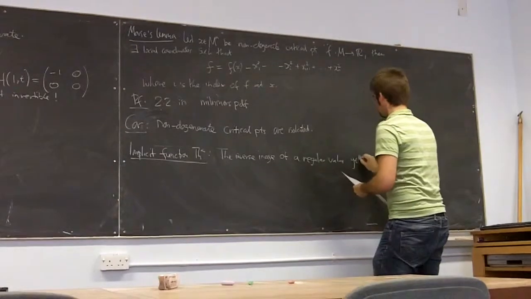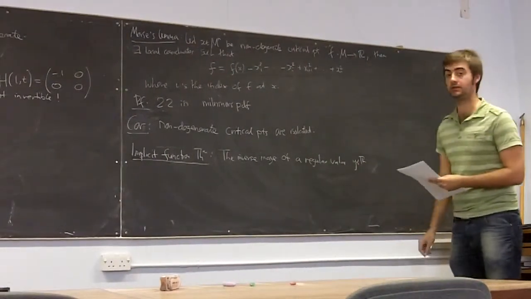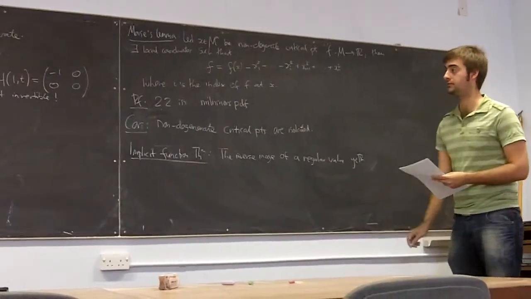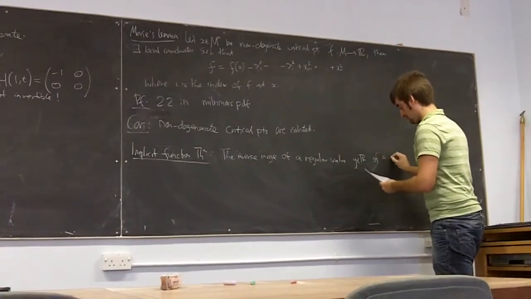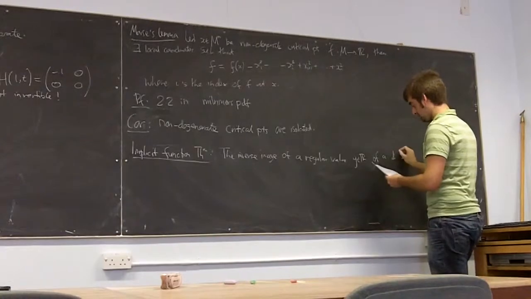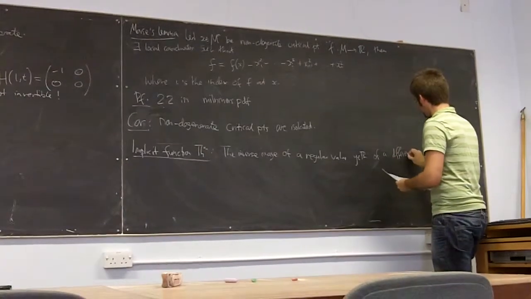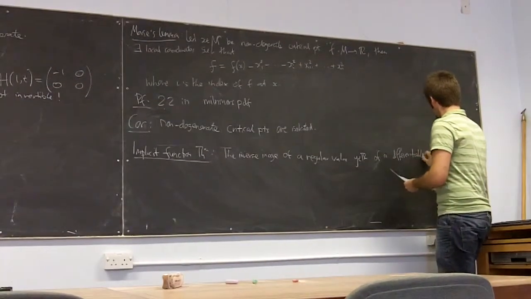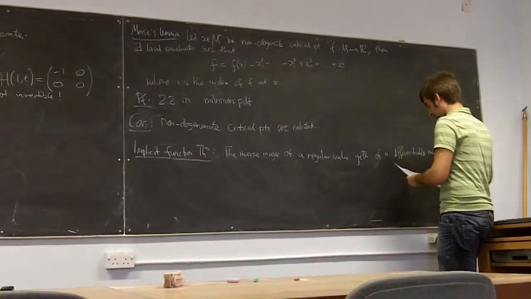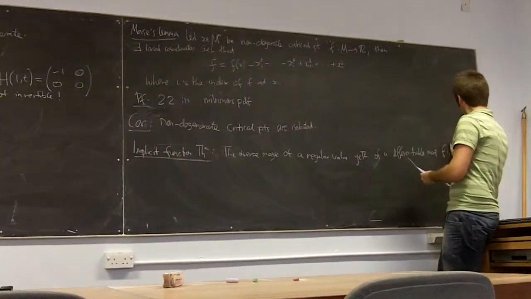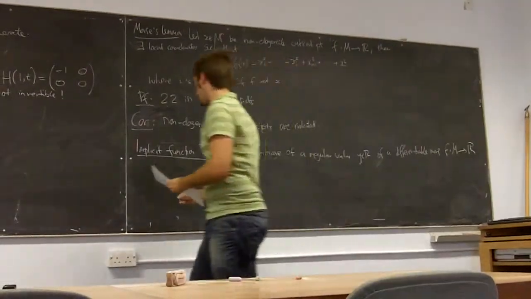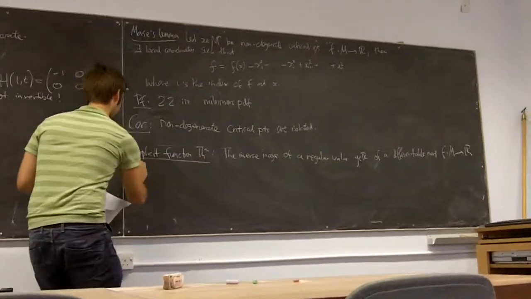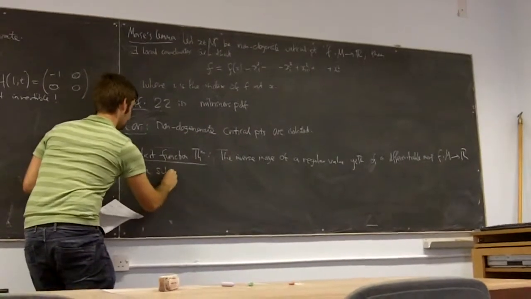Again, I'm just applying this to the case where we've just got a map to the real line. This is true in more generality of a differentiable map. So the inverse image gives you a submanifold.